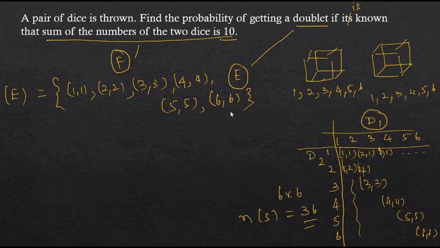So how many are we able to get? 6, is it not? So the number of E is equal to 6.